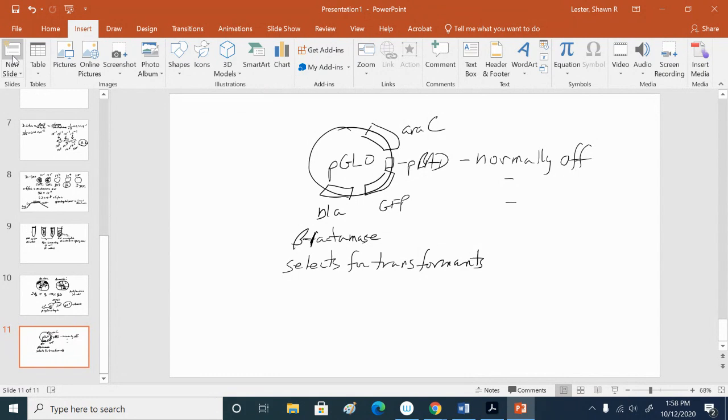You got to tell me. So what are they? It's going to be a lot of dead air. So what two things are required to turn on PBAD?